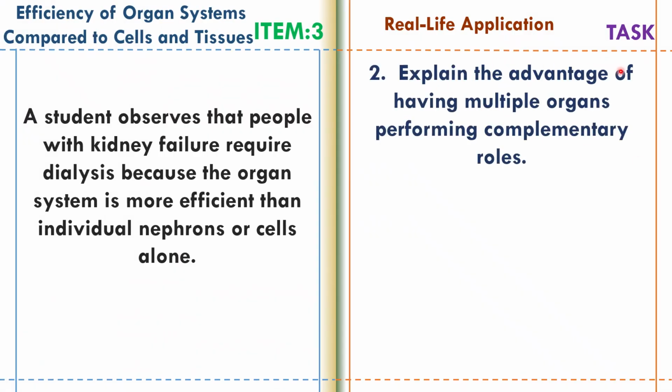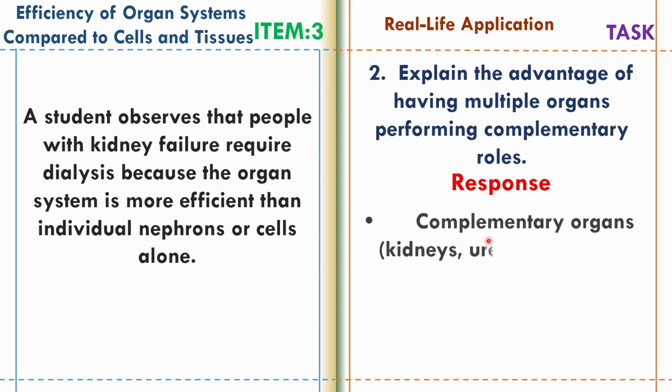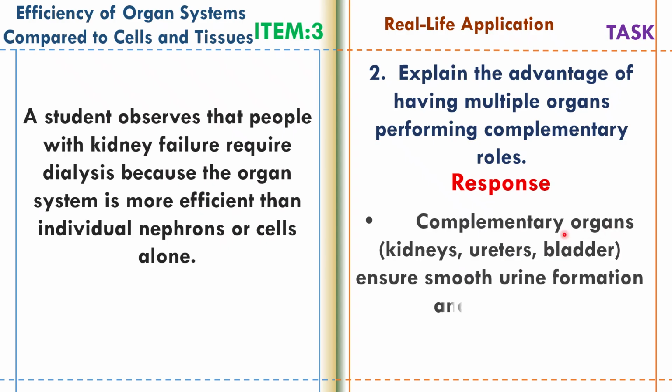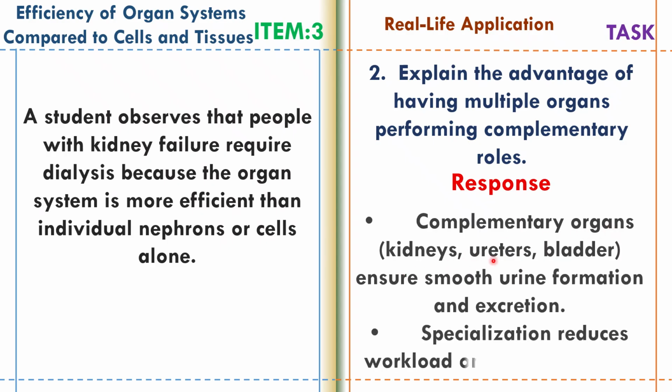Explain the advantage of having multiple organs performing complementary roles. Complementary organs, for example, kidney, ureter, bladder, ensure smooth urine formation and excretion. Specialization reduces workload on the individual cells.